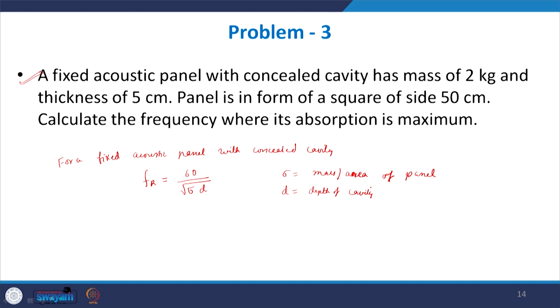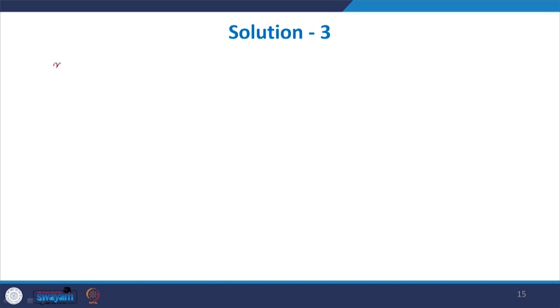So what are we given here? The mass is given to be 2 kgs and the material is in the form of a square of side 50 centimeters. So the surface area S, let us say S be the surface area. The surface area S then becomes 0.5, I am writing everything in SI units, 0.5 multiplied by 0.5.